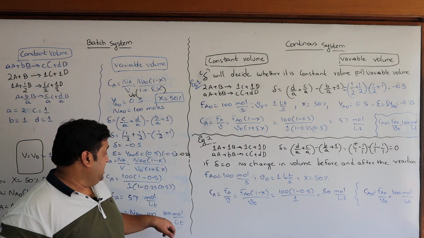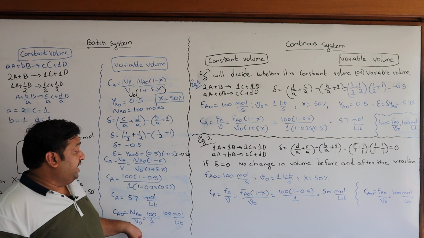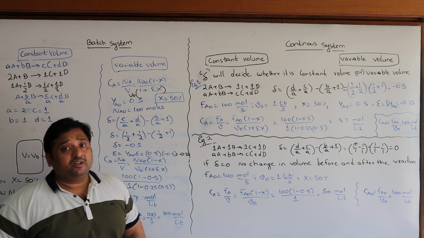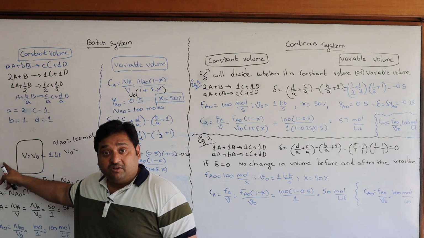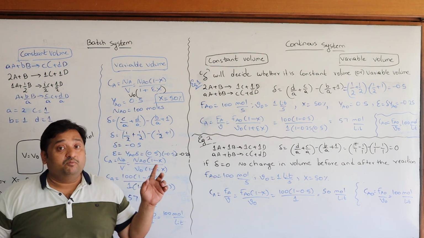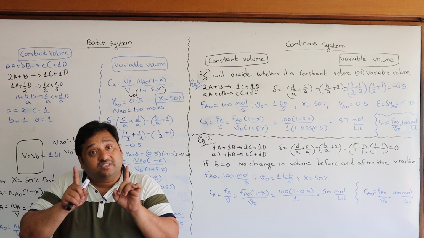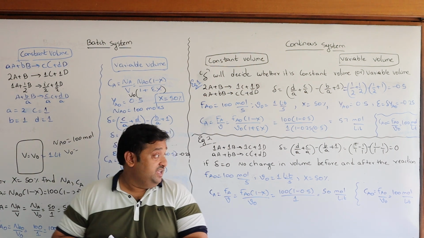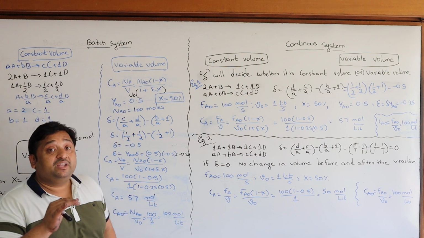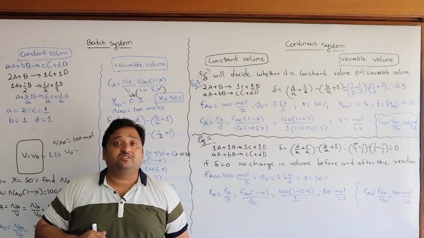You can see that in the constant volume and the variable volume cases, the conversion is the same. For the same conversion, the final concentration of A is 50 in one case and 57 in the other, which is more than the constant volume case. Why?